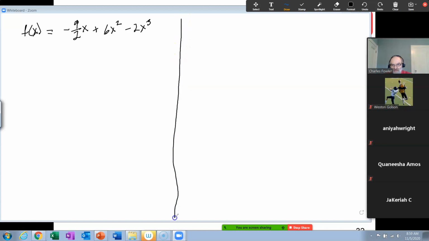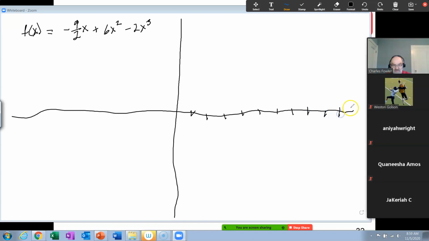So let's get the graph drawn here. Somewhat of a vertical line there, somewhat of a horizontal line there, and tick off a few points. 1, 2, 3, 4, 5, 6, 7, 8, 9, 10, 11. We certainly aren't going to use that many.